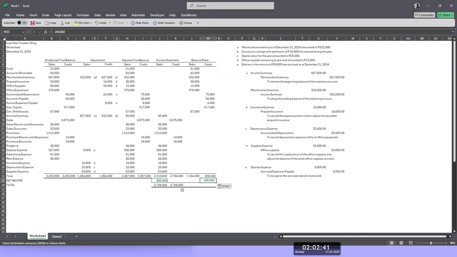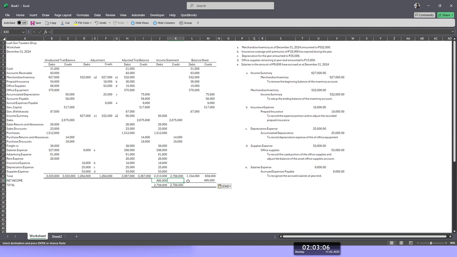Whereas if it is on the reverse, if the difference between the total debit and credit of the income statement column is written in the credit column, then that difference is also written on the other side, in the debit section of the balance sheet column.